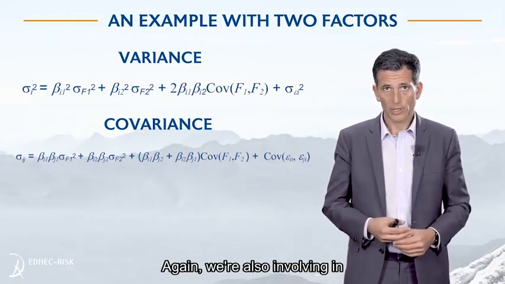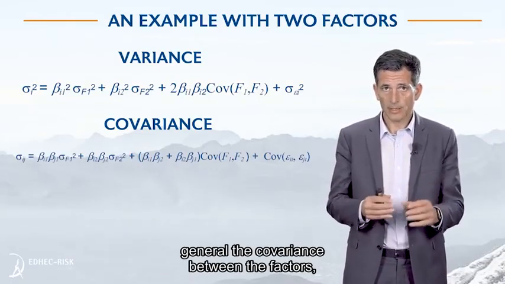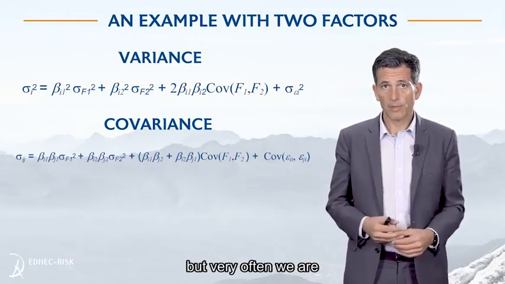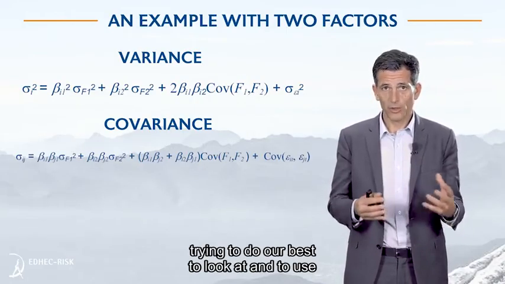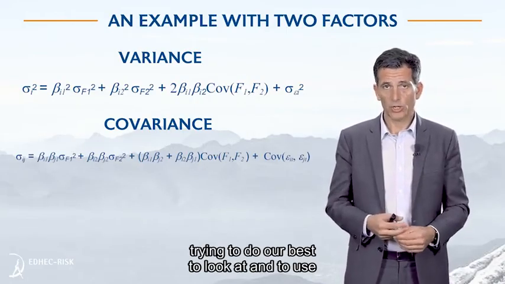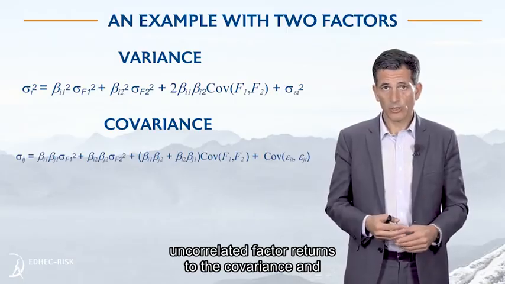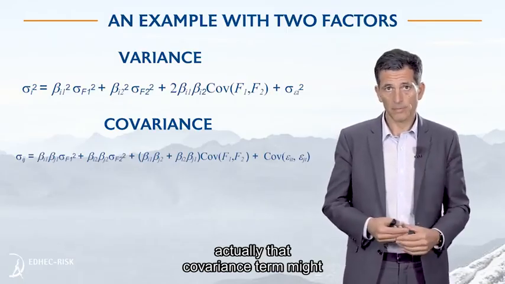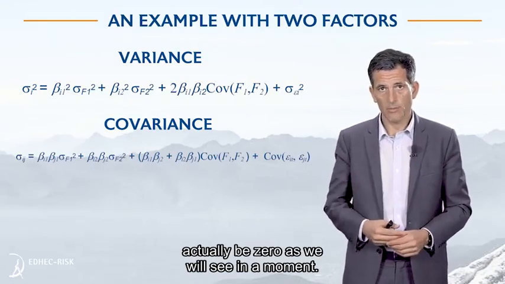Again, we're also involving in general the covariance between the factors, but very often we do our best to use uncorrelated factor returns. So that covariance term might actually be 0, as we will see in a moment.